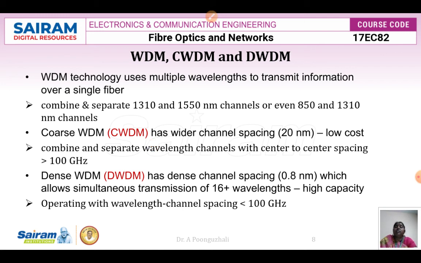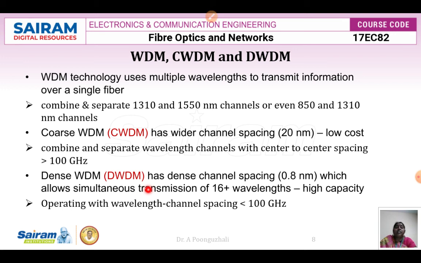Next is dense wavelength division multiplexing. It has dense channel spacing, which means more channels can be transmitted within the bandwidth. The channel spacing is around 0.8 nanometers, so we have simultaneous transmission of 16 plus wavelengths, which means high capacity.